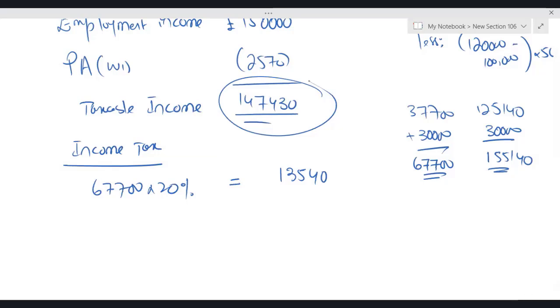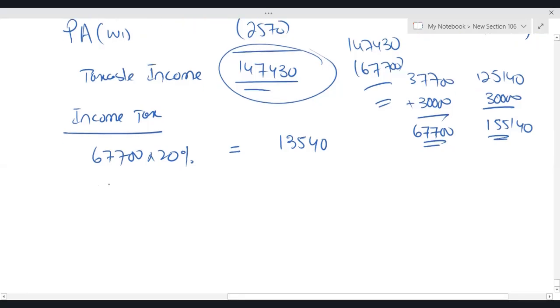Obviously, the taxable income, which is just 1,47,430, falls within the limit of the high rate band. 1,47,430 minus 67,700, I'm getting 79,730, into 40%, which is 31,892.